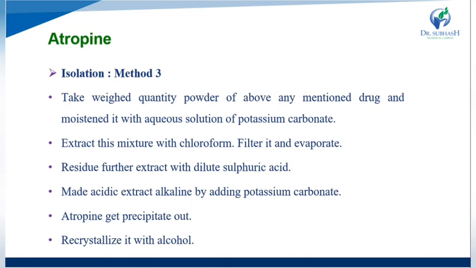The potassium carbonate and drug are mixed well, and to the mixture we add chloroform, extract with the chloroform, then filter and evaporate. The residue is further extracted with dilute sulfuric acid, and the acidic extract is made alkaline by adding potassium carbonate, and atropine gets precipitated out.